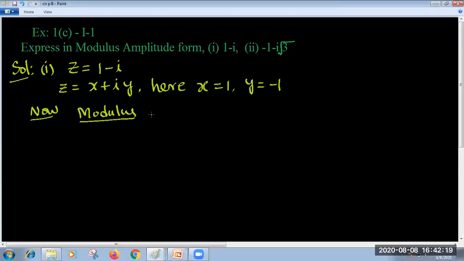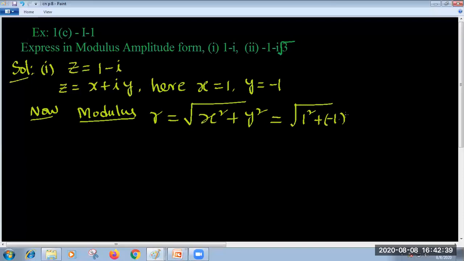So mod z or r is equal to root of x square plus y square, that is equal to root of 1 square plus minus 1 square. So 1 plus 1, root 2. The modulus of this complex number is root 2.